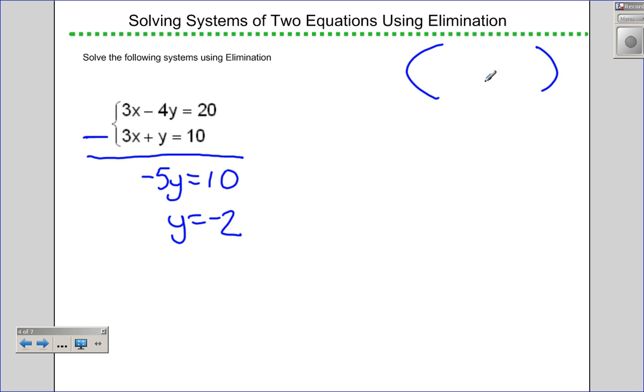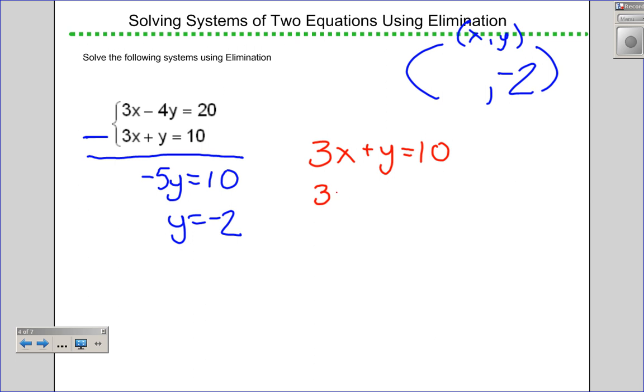I have my answer up here, x comma y. I always want to make sure I have that answer. So I have negative 2 for my y value. Now I need to pick which one of these I want to work with. I'm going to work with just the second one, just because it's a little more friendly looking to me. And once again, it doesn't matter. You can choose whichever one you'd like.